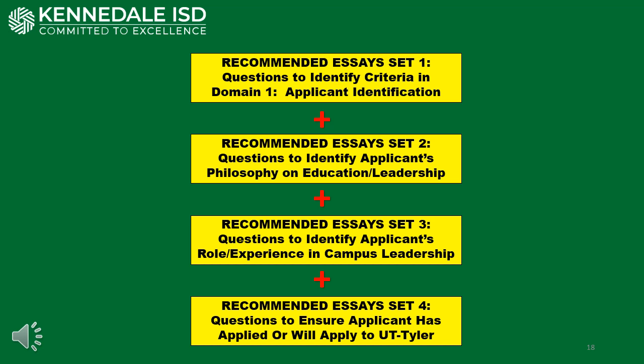If they are campus leaders, this helps us identify whether or not they are going to be able to move up into those internships or those entry-level administrative positions. And then in set 4, we want to look at questions to ensure the applicant has applied or will apply to UT Tyler. Again, we have a compressed time frame, and they must start anyone that we hire on May 11th of 2020 at UT Tyler.